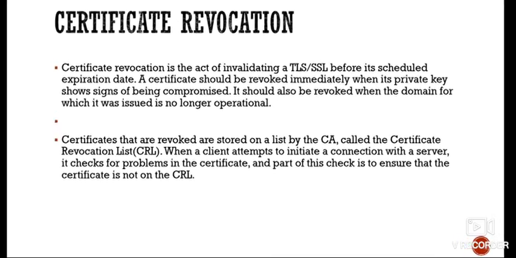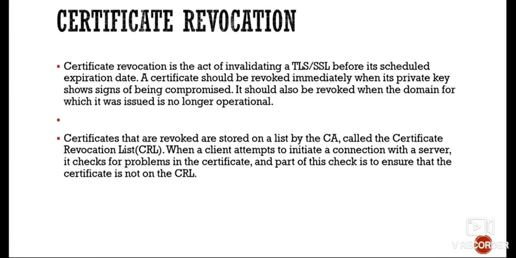Certificate revocation. Certificate revocation is the act of invalidating a TLS/SSL certificate before its scheduled expiration date. A certificate should be revoked immediately when its private key shows signs of being compromised. It should also be revoked when the domain for which it was issued is no longer operational.